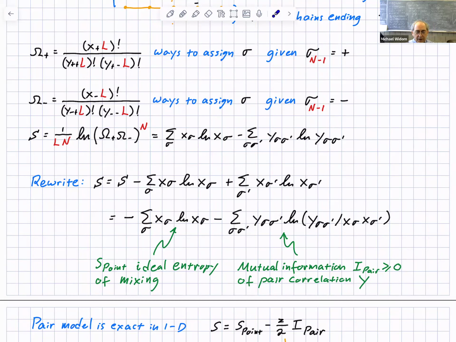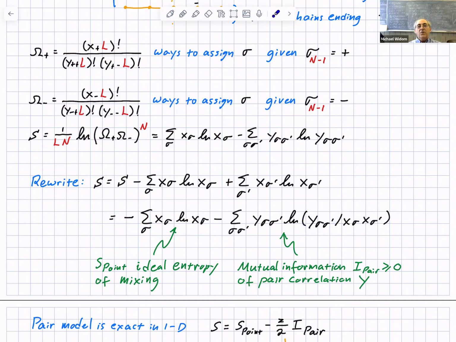And how are we to think about this? Well, I already told you that this term is the Shannon entropy required to describe the specific configuration of a random assortment of spins. But now we recognize that there's an additional constraint. We don't have a completely random distribution. We have a random distribution subject to a correlation.